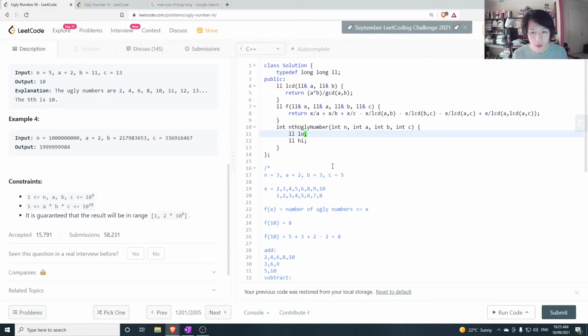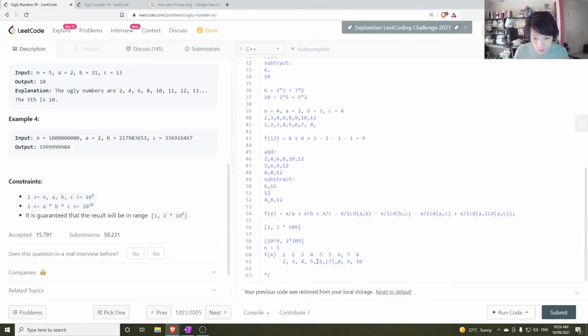Now, should I make it so that low is less than or equal to the answer, or strictly less than the answer, and make high greater than or equal to the answer? That's a good question, and that depends on what we're trying to do here.